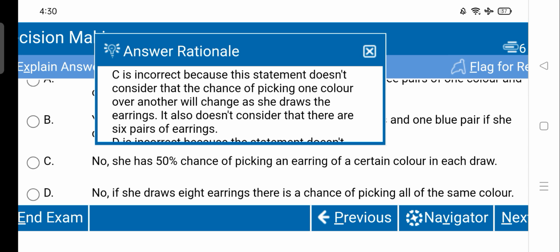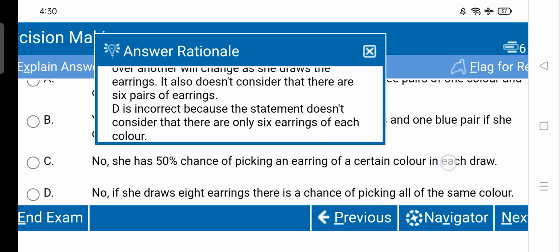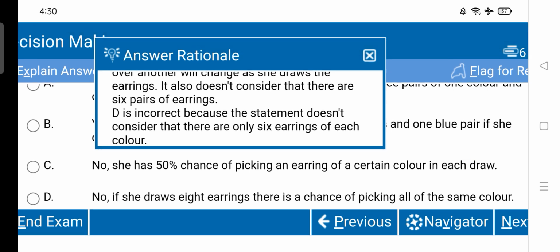It also doesn't consider that there are 6 pairs of earrings. Option D is incorrect because the statement doesn't consider that there are only 6 earrings of each color.